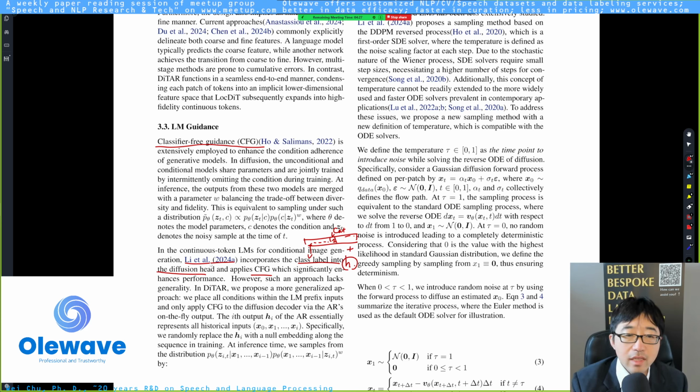But in this DiTAR, they use a more generalized approach. They place all the conditions within the language model. So there's no class label, no phoneme label, no word label, etc. So just a simple H. But they do model the conditioned and the unconditioned.